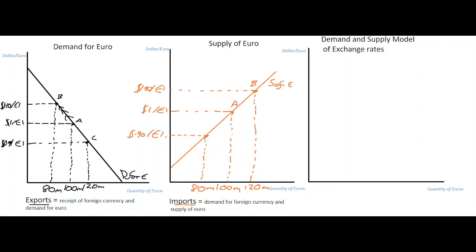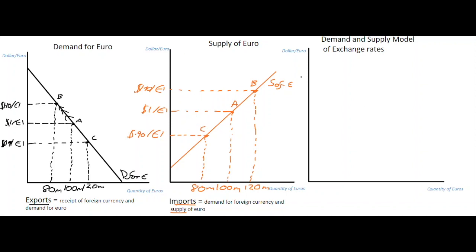Because of the depreciation, all imports are now more expensive. And because they're more expensive, we buy less of them. Hence, we need to supply less euros on the market to demand other currencies such as dollars. So we're not buying as many American goods. If we're not supplying as many euros, the supply is going to decrease to point C on the graph.